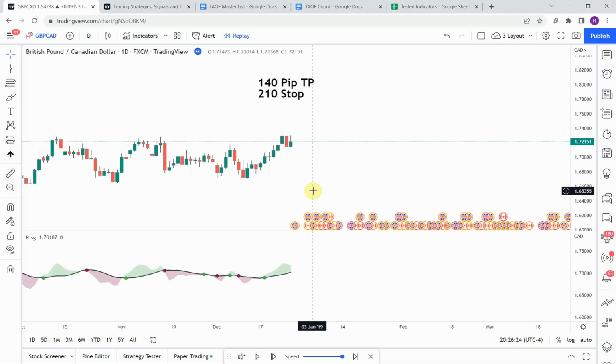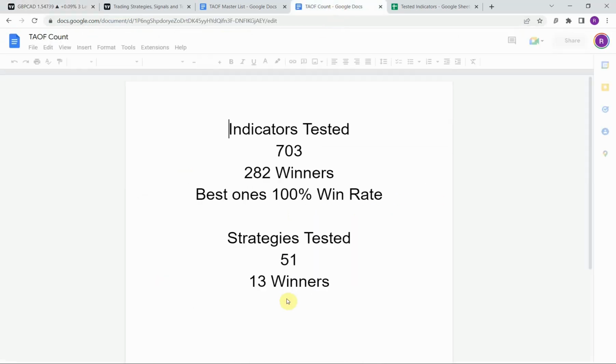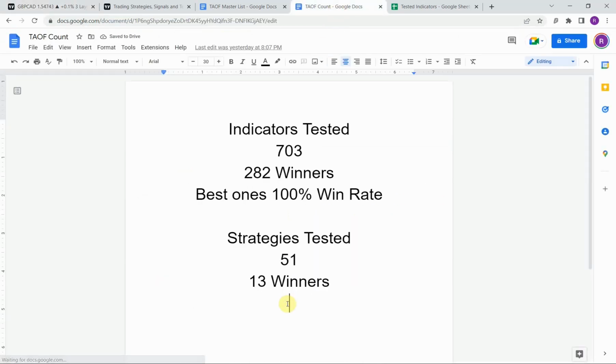Alright, as I said, today we will be testing the Renko stop and go indicator. Before we do though, I wanted to put the testing scoreboard up for everyone to see. So to date, we have tested a total of 51 different strategies, with 13 of them being profitable. We've also tested a total of 703 indicators, with 282 of them being winners.